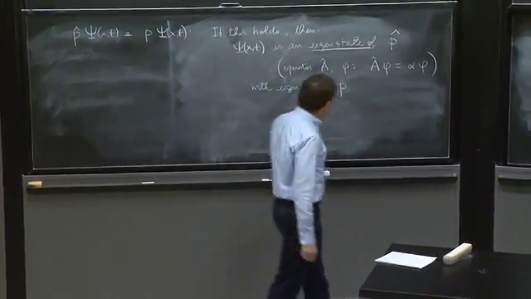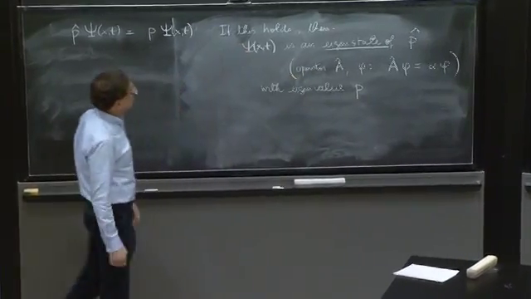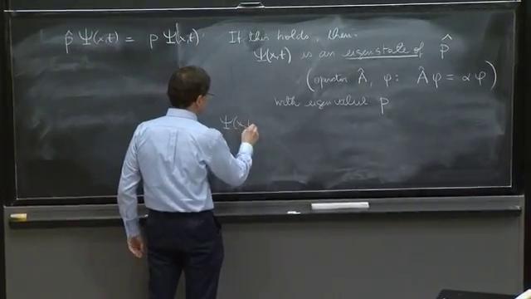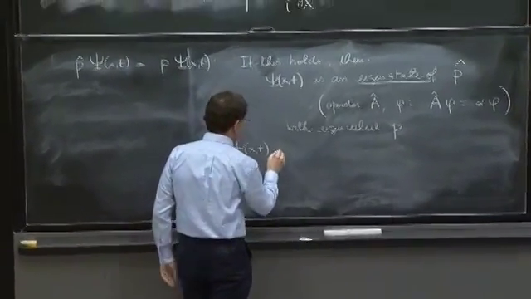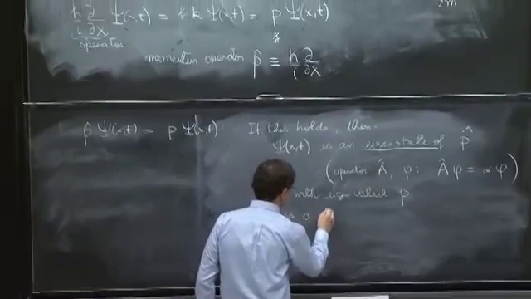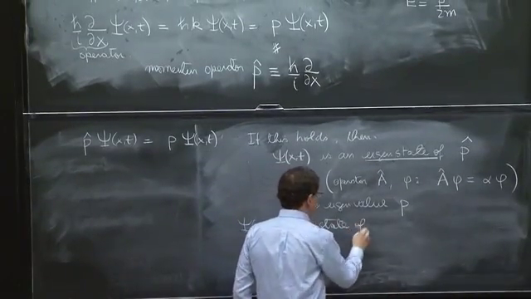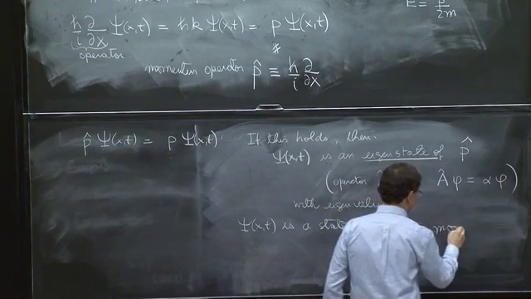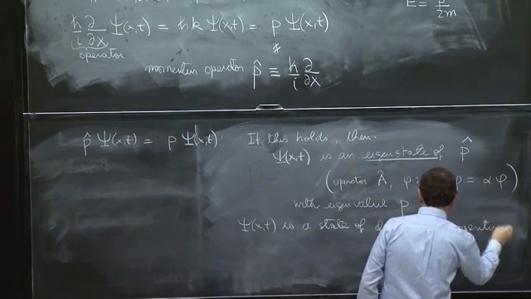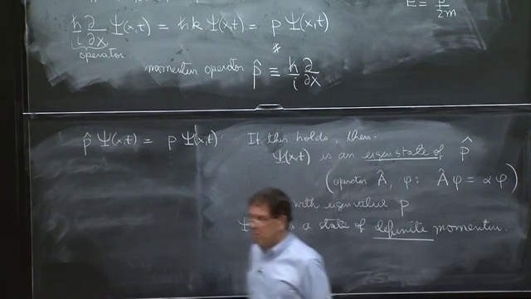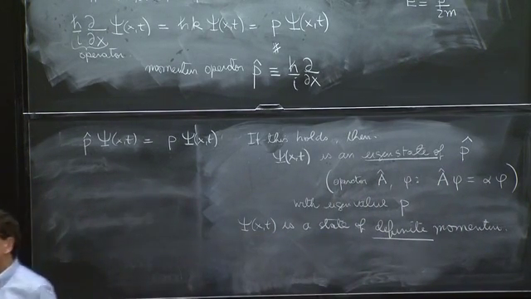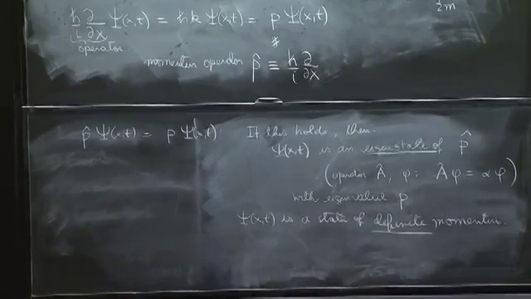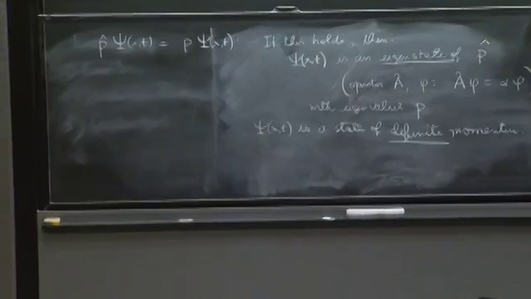So another way of expressing this is we say that this psi of x and t is a state of definite momentum. It's important terminology. Definite momentum means that if you measured it, you would find the momentum p. And there would be no uncertainty on this measurement.